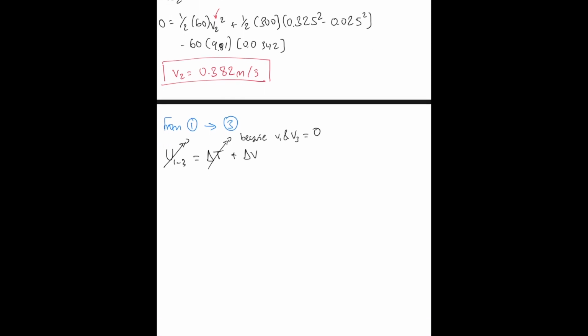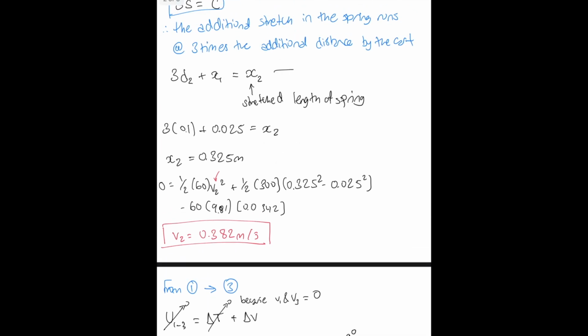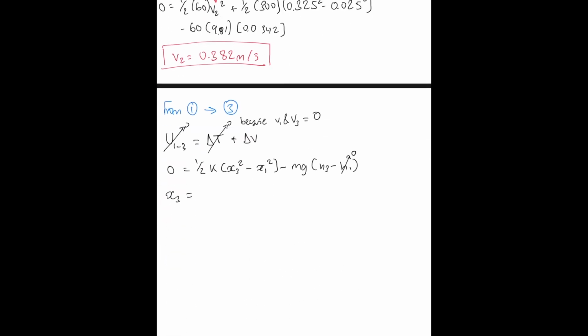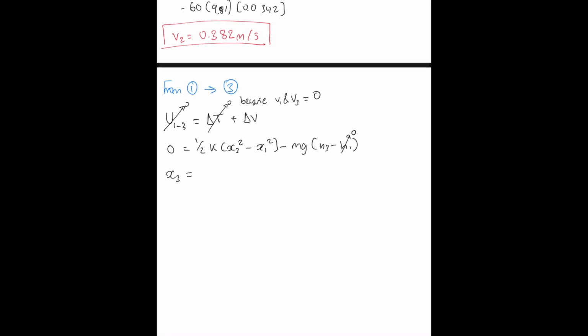So the sum of kinetic energy has to be equal to 0. So all we're left with is our potential energy, which is half k(x3 squared minus x1 squared) minus mg(h3 minus h1). And we know our relationship here is going to be the same. The stretched length is going to be equal to 3 multiplied by d3 plus x1.